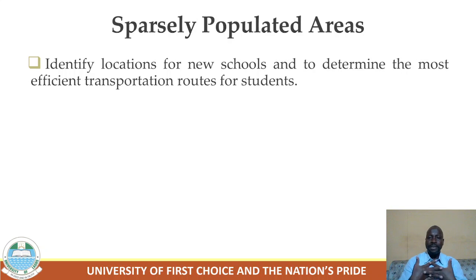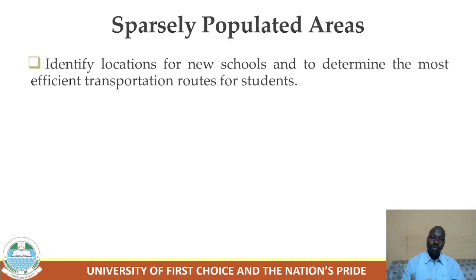In sparsely populated areas, we can use school mapping exercise to identify locations for new schools and to determine the most efficient transportation routes for students. I just said that students in sparsely populated areas, in most cases, travel long distances before they can get to schools within the area.